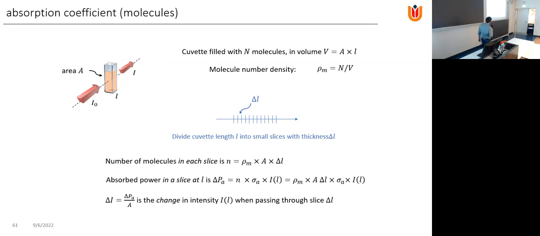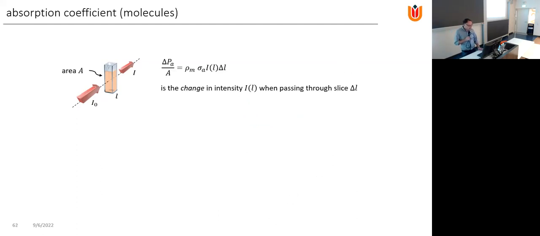This is the change in intensity when passing through this little slice L. So the change in intensity can be written as the intensity after the slice minus the intensity before the slice.